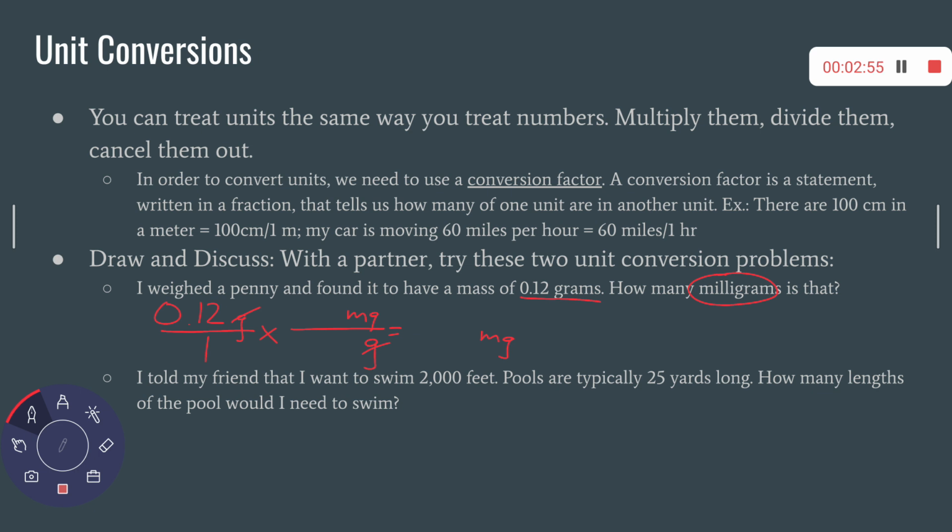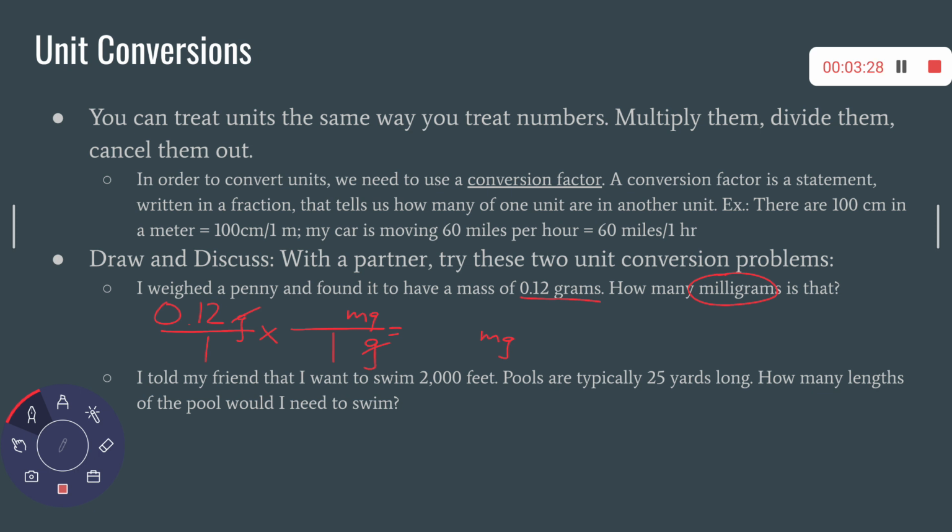Now, the last step here is to just fill in my numbers for grams and milligrams. There are multiple ways that you can do this, but the way that I do this is I decide which unit is bigger, grams or milligrams. I know that the prefix milli is on the small side of my metric scale, below the base unit, so I know a gram is bigger than a milligram. Because the gram is the bigger unit, I'm going to give it the number 1.